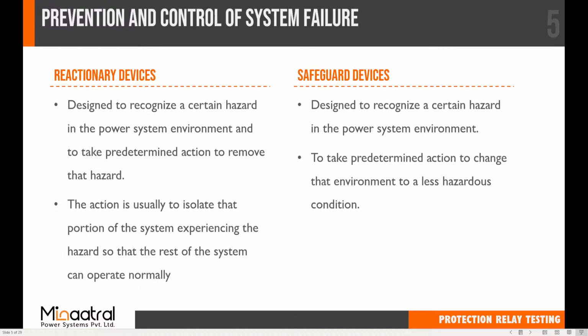One of the best examples is our protection relays. Protection relays are not only configured to recognize a particular event, for example faults, but they also take a predetermined action, based on the configuration we set, to remove the fault. How does it remove the fault? It isolates the faulty part of the system using circuit breakers. So a protection relay recognizes the hazard and trips a circuit breaker to isolate a part of the system.